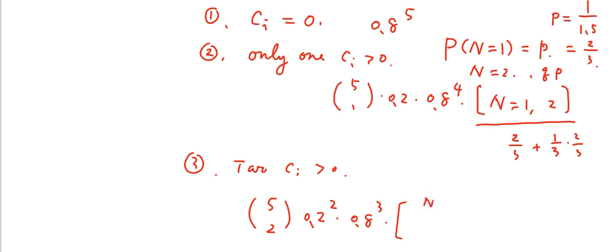So here we have n1 and n2. What is the condition for n1, n2? The condition is that the total cost is less than 50,000.